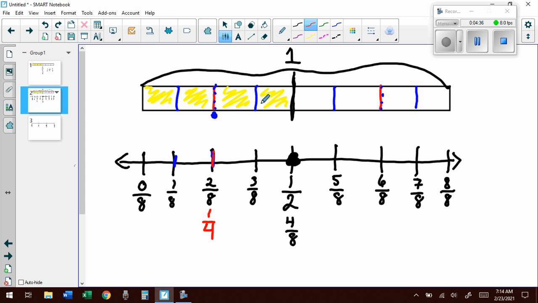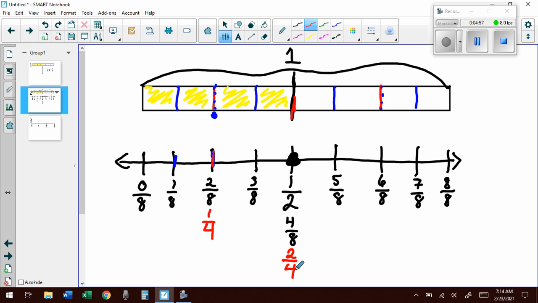Now we go again, 3/8 right here, and 4/8 right here, but if we were to look at this as fourths, I have 1/4 shaded in and 2/4 shaded in.